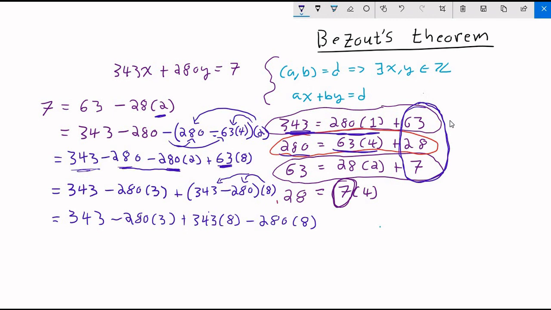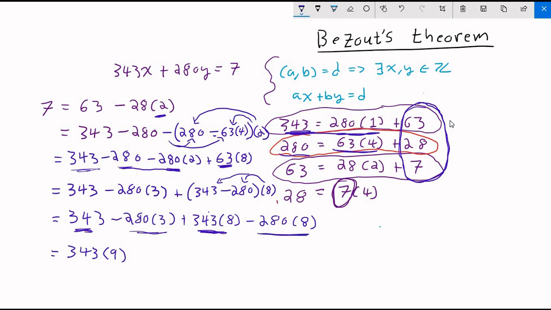Now I can combine some of these terms. If I have 343 and I have 8 times 343, well, altogether I have 9 343s. So this becomes 343 multiplied by 9. And here I have negative 3 times 280, and here I have negative 8 times 280.